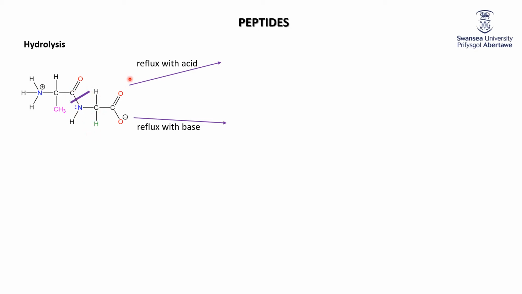Now, if we do it in acidic conditions, then everything we have left afterwards is in the acidic form. So we take the alanine, for which the N was already in the free conjugate acid form, and then we break it here. So we've got the C double bond O as part of the alanine. Then we put just the OH back on there, and we've got our free acid. And then the glycine end, well, that was originally in its conjugate base form.